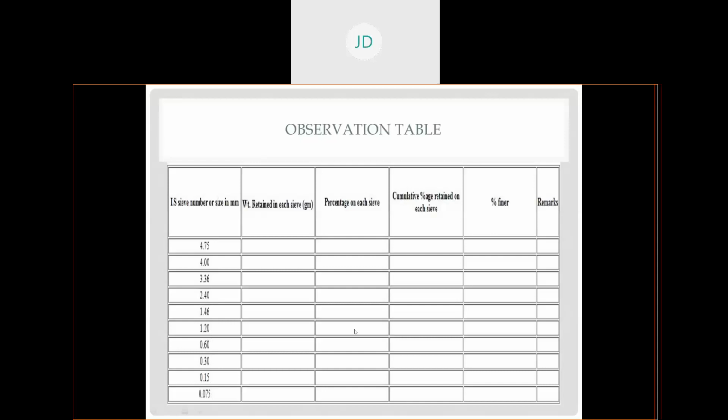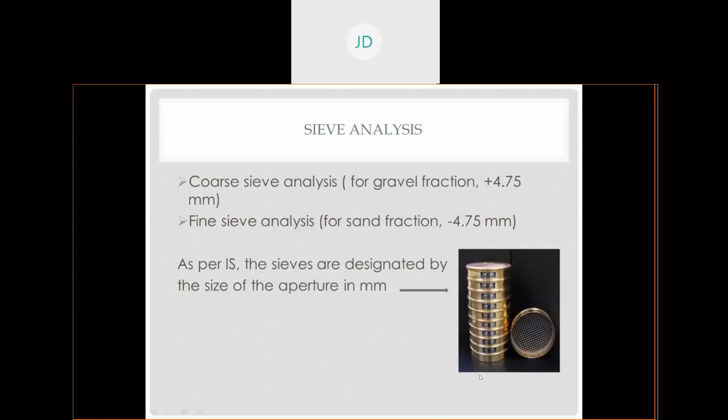At the end is 0.075 and at the top 4.75. Now you can have an idea why the higher sieve is placed above and the lower sieve at the bottom. The size of the sieve decreases from top to bottom, and we have to arrange the sieves in this manner.